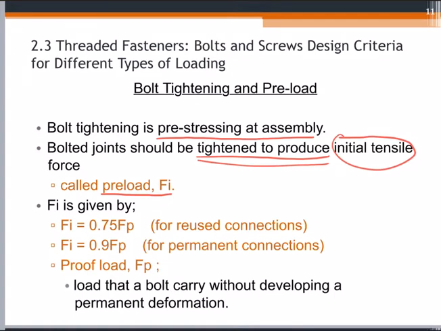If the connection is for reuse, we can assume the preload Fi is 0.75 Fp, which is the proof load. But if the connection is permanent, we will use the preload Fi equal to 0.9 Fp, proof load.